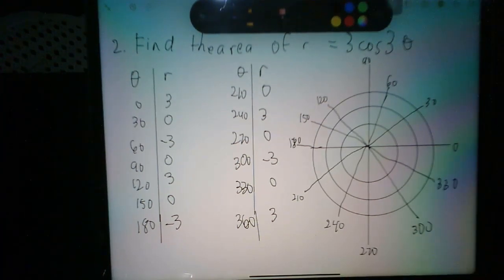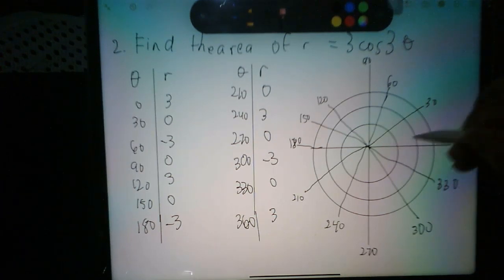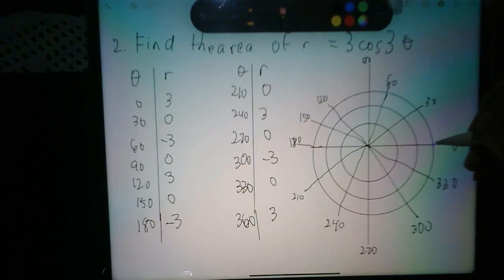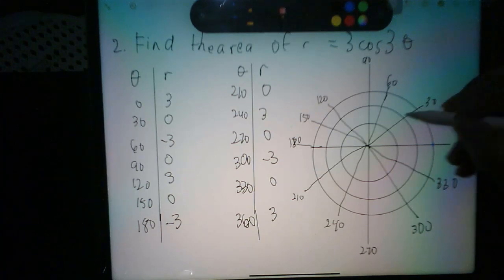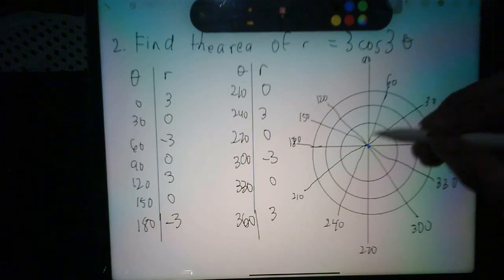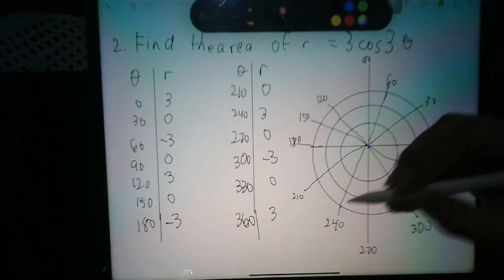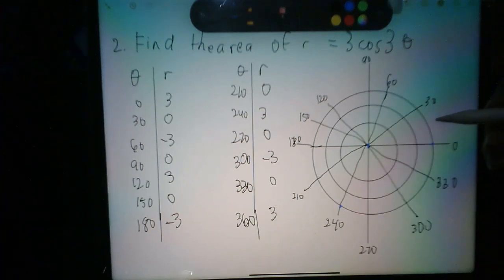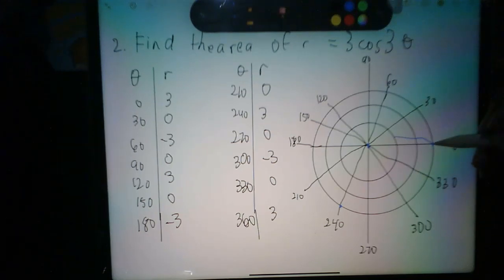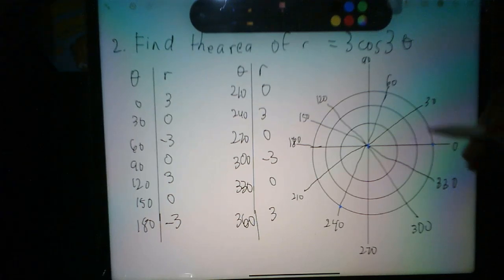If 0, our r is 3 here. If 30, this is 0. If 60 degrees, it is negative 3, put it here. And 90 is equal to 0. So this forms this.